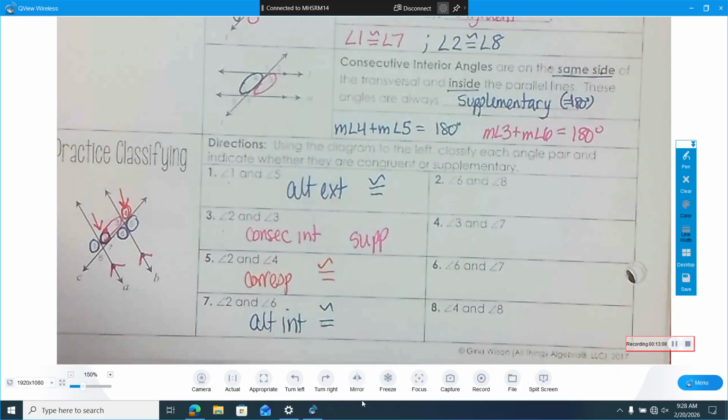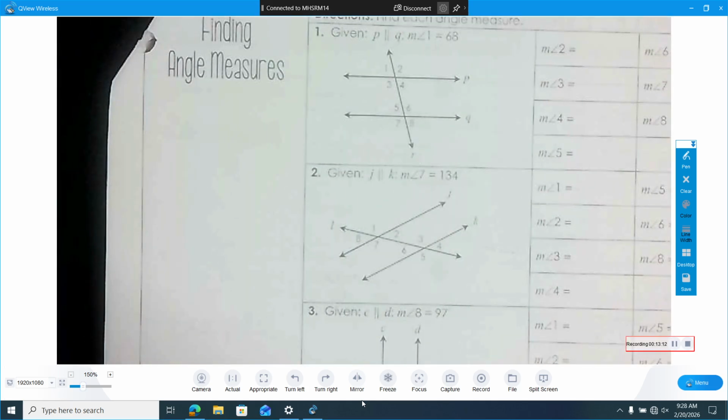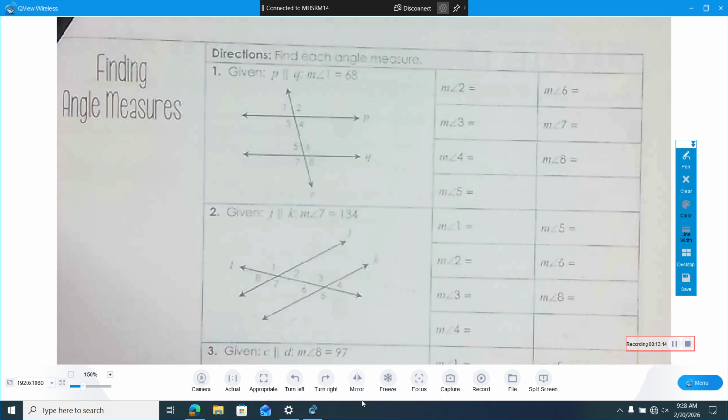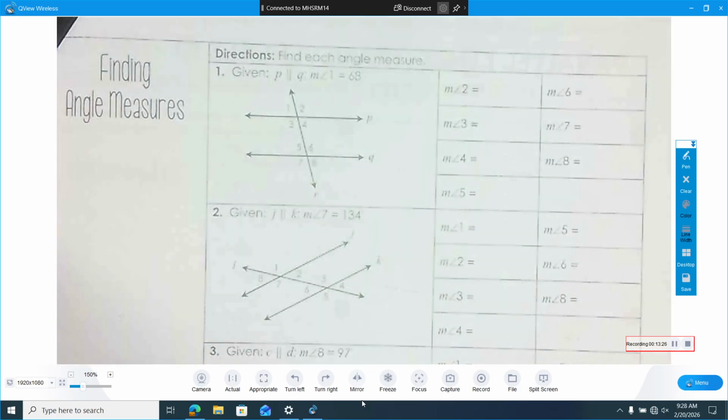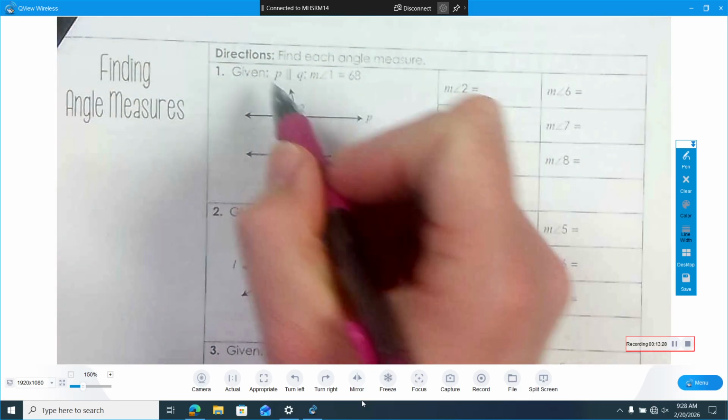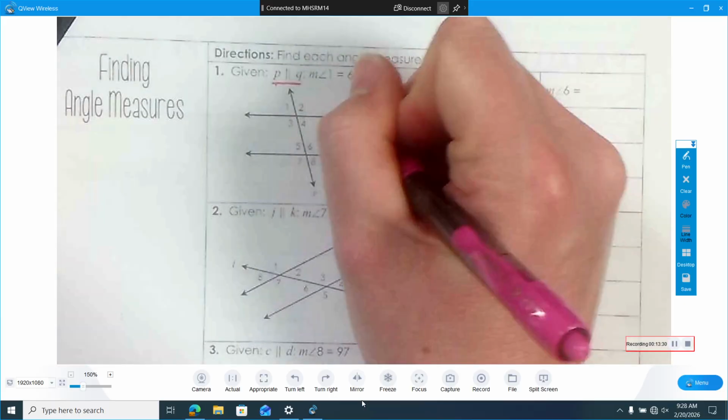All right, questions so far? All right, now we get to the mathy part. Finding angle measures. So this is where it becomes pretty cool. First of all, we want to find each angle measure, and we want to know what we're given. Given P is parallel to Q. Very important.